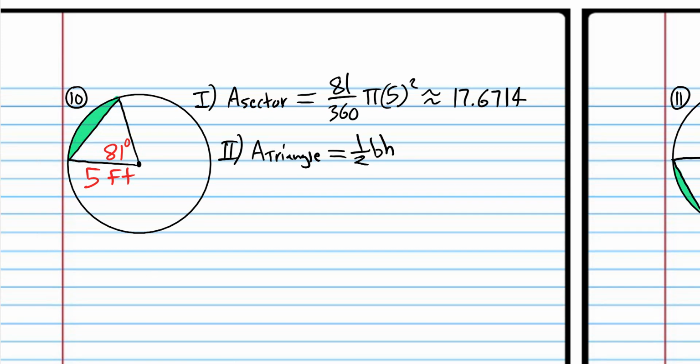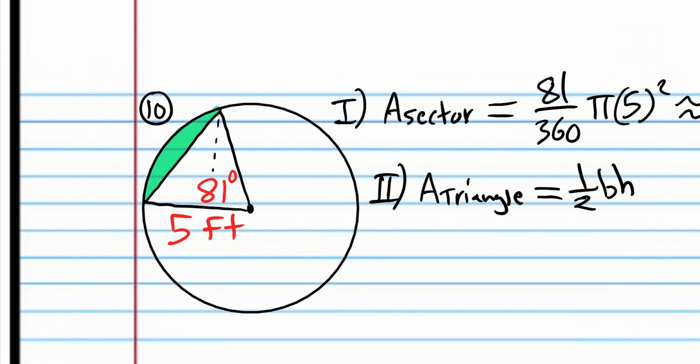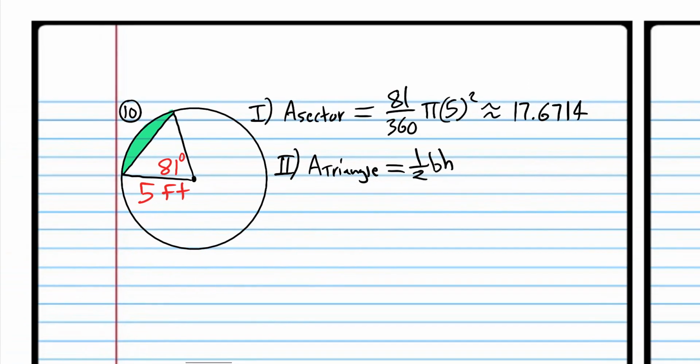So it's a little hard to picture, and I just want you to know that you could drop an altitude here, and you could use 81, but in order to do that, you would have to find these angles first, and you could do that, but that would require more calculations. So we're just going to take this triangle and set it so that this is the base.